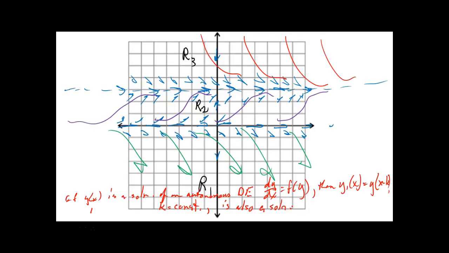Okay. So if y of x is a solution, and it's an autonomous differential equation like this, then pick any constant k, y of x minus k will also be a solution. So in other words, just like I drew here, if this is a solution, all the ones that are parallel, you might say, curved the same, everything the same, but just translated horizontally, they're also solutions.